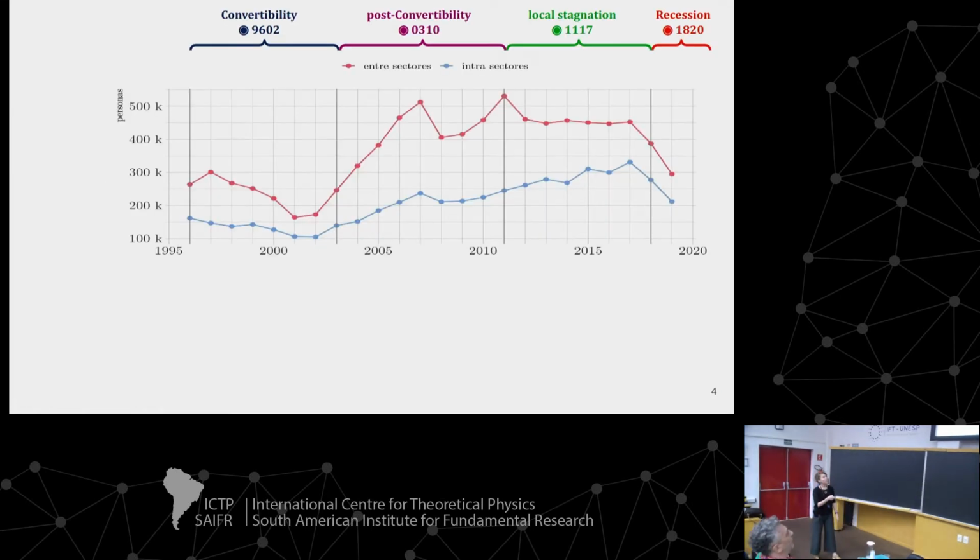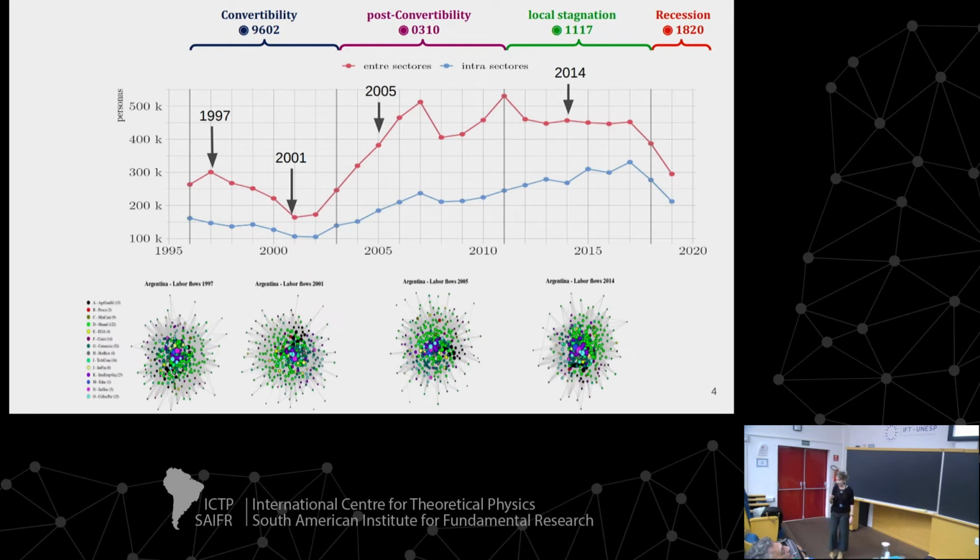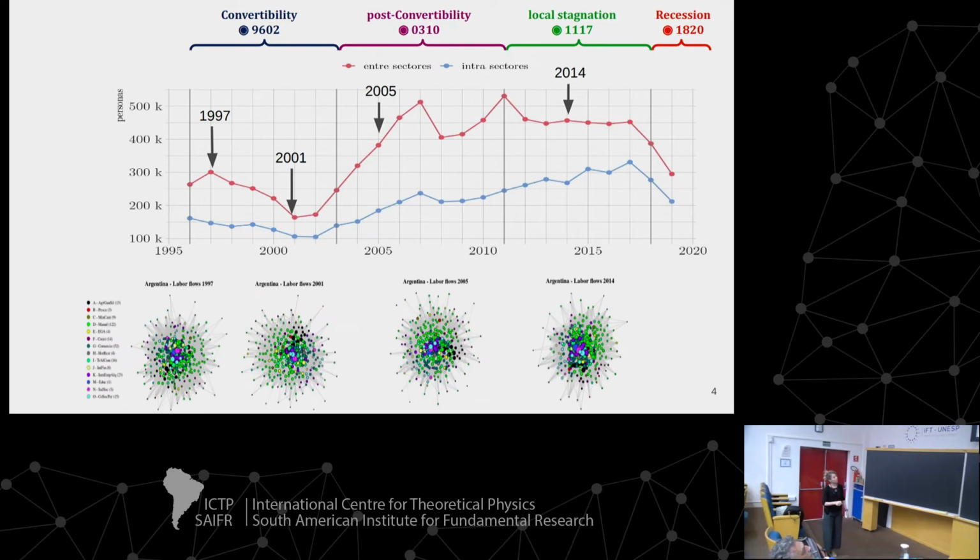So in particular, I go back to this slide. We saw that I picked several examples from different economic periods. And then we saw that if I look directly at the network structure, I don't see basically the differences.